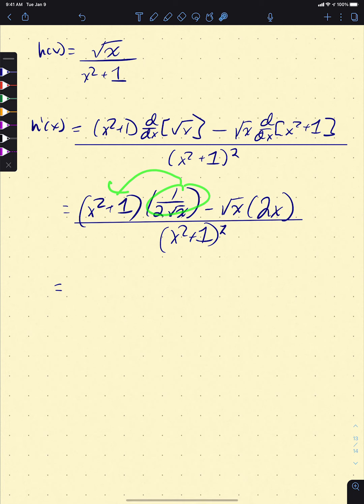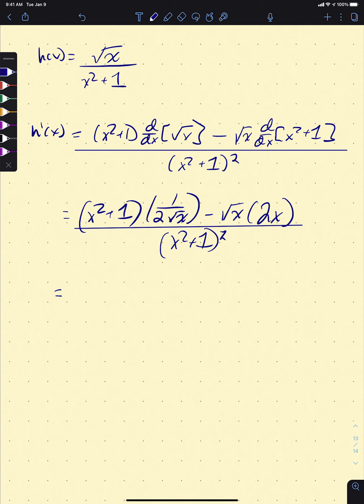Instead of multiplying this guy in, and this may seem a little bit strange, but what we can actually do is factor out a 1/2. I'm going to write it like this to make it a little bit more obvious what we're doing. We're going to factor that out of our numerator, right? That's exactly what we have here. So it's just left with an x squared plus 1.